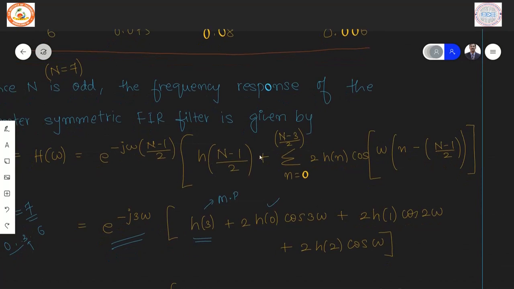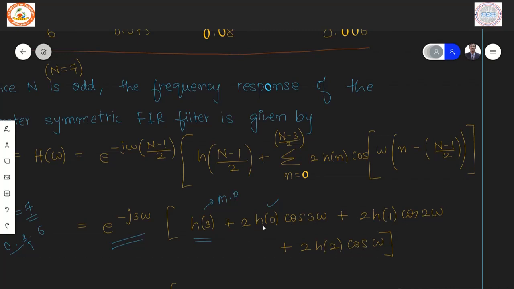And then expanding this particular equation will give you e power of minus j3 omega, where alpha is equal to 3, h of 3 because 3 is the midpoint, plus 2 times h0 cos 3 omega, 2 times h of 1 cos 2 omega, 2 times h of 2 cos omega.